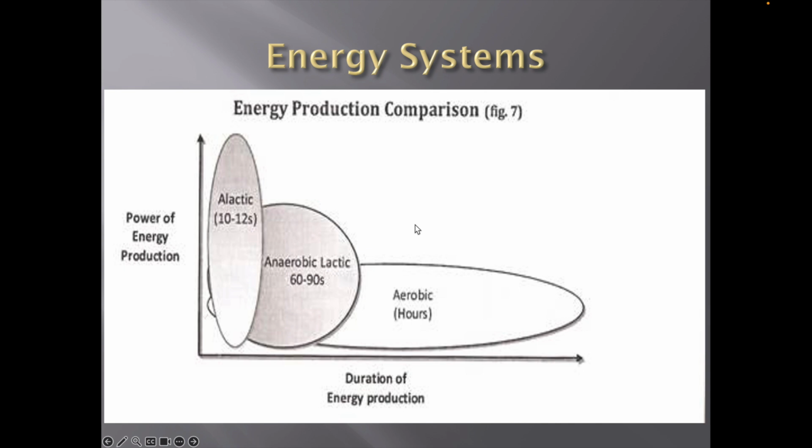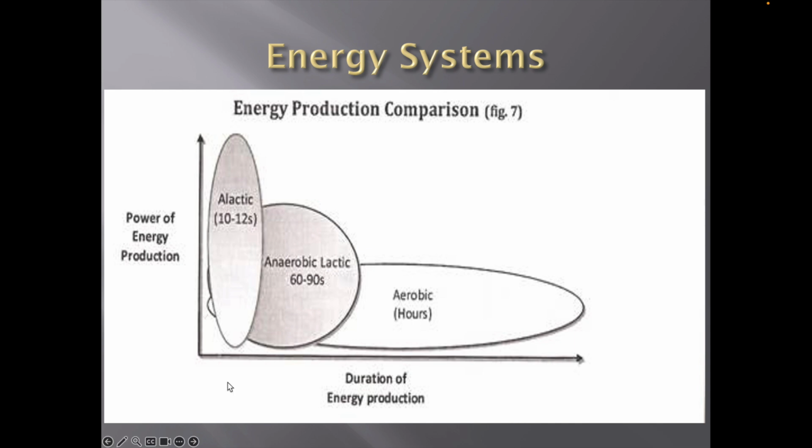So when our muscles are producing force, we use different energy systems in order to create that force. The duration of the activity, as well as how much force is needed to successfully complete that activity, will determine which of our three different energy systems is emphasized in creating that force.